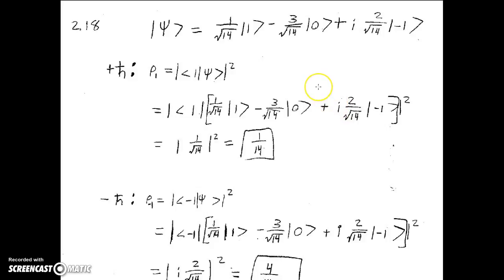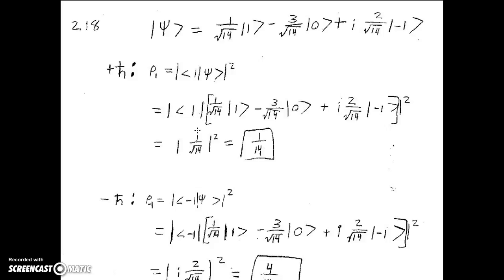So first I'm finding the probability of getting a +1 as the output. And so it's written like this, where phi is the input, 1 is the output, and then the probability is that squared. And so expanded out, it becomes this. Now, we want a +1 output.